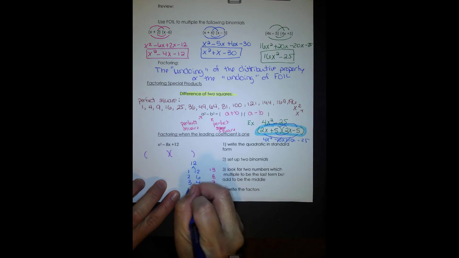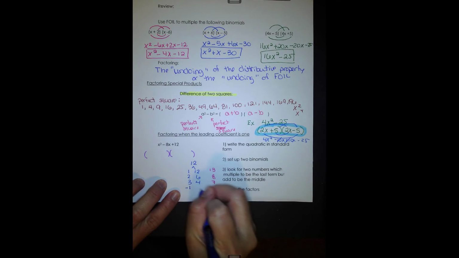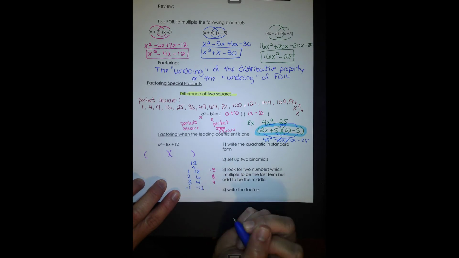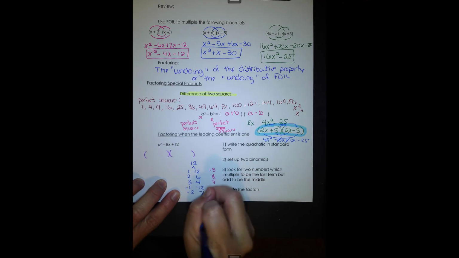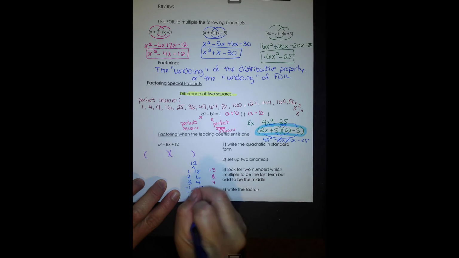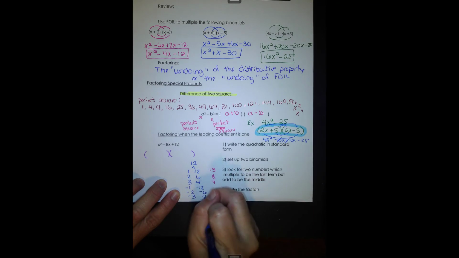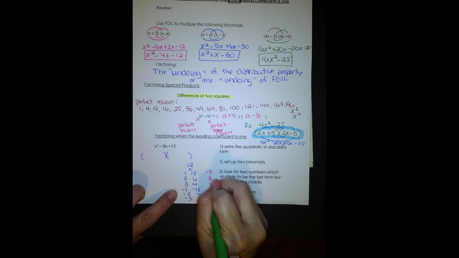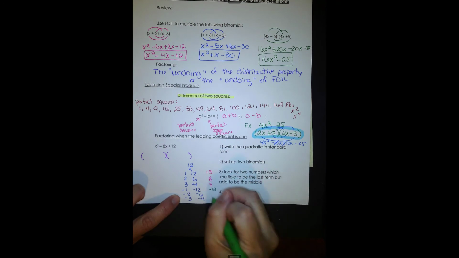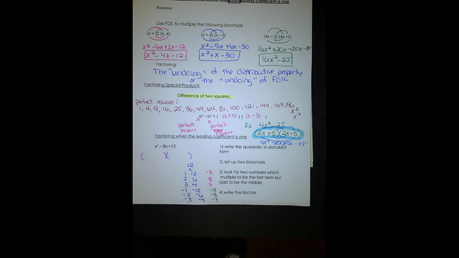So we could also have -1 and -12, -2 and -6, and -3 and -4. And look what happens when we add those together. We end up with -13, -8, and -7.